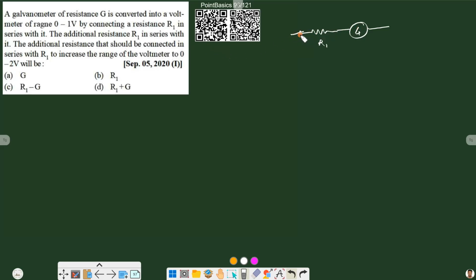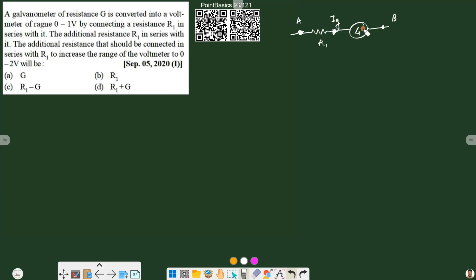If this is point A and this is point B, and a current Ig flows in the galvanometer, this current will stay constant because the galvanometer has a maximum current for its maximum deflection. We cannot go beyond that.